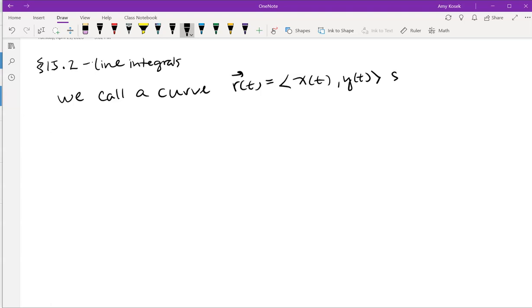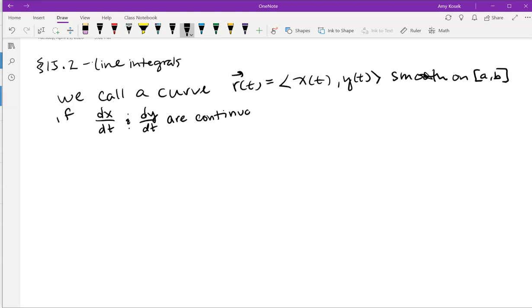We call this smooth on some interval, so let's say that interval is a to b, if the derivative of the x component, dx/dt, and the derivative of the y component, dy/dt, are continuous on that interval a to b.